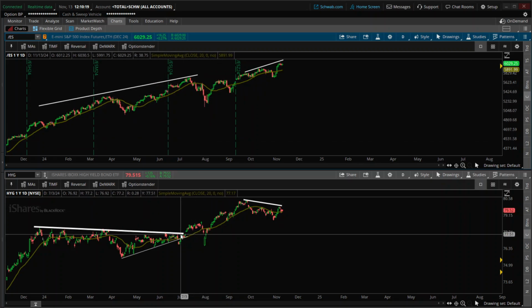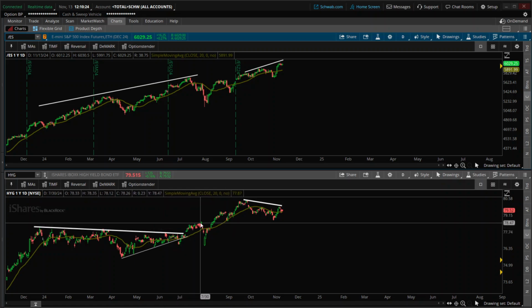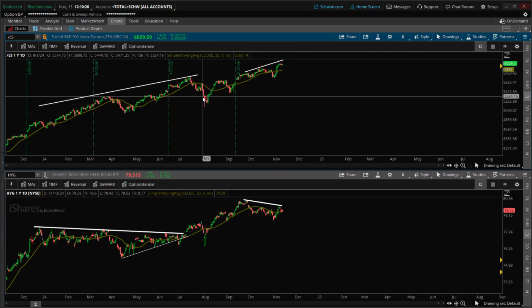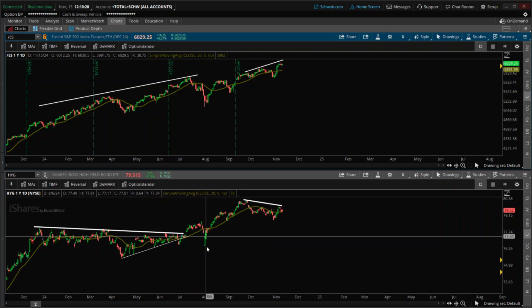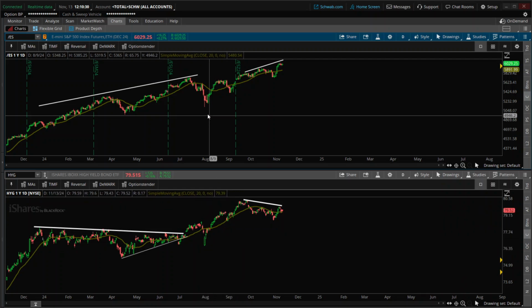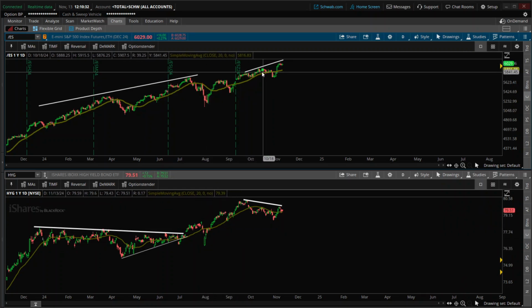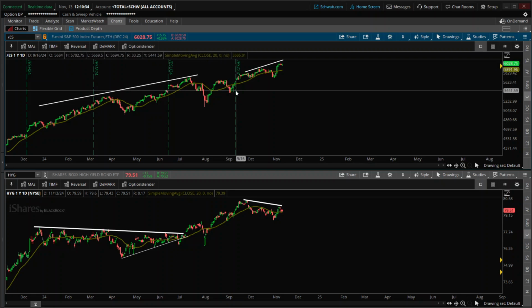I guess the first indication was when this broke out to a higher high, and this is a lower high. This again broke down and then started to move up with each other. So that was kind of the indication that price action was going to go higher.